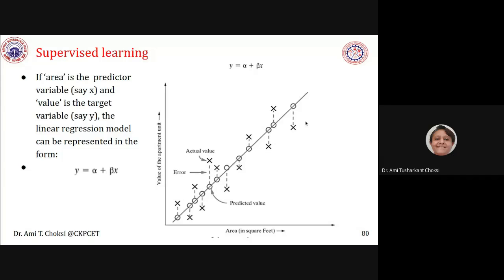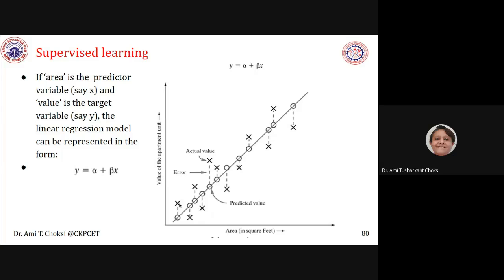You can see the line is there, right? This is the line and this is the predicted value. All these circles are the predicted values. So what it tries to do is fit a line, with almost all points included on the line, right? When you have 2 points, you can join them and you have the line, right?